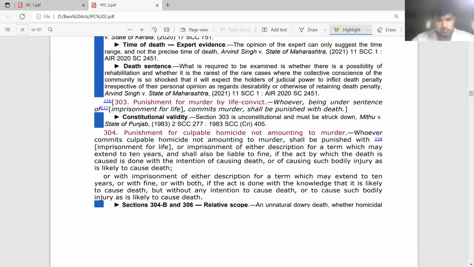Now, punishment 304. Punishment for culpable homicide not amounting to murder. Here, what does it tell us?